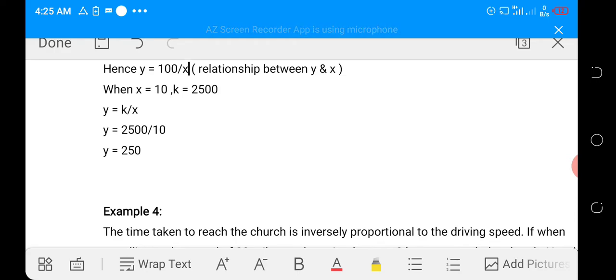Substituting for x and k, we know x is 10 and k is equal to 2500. So y is equal to k over x to give us y is equal to 2500 over 10. When this is solved, we have y is equal to 250. Therefore, it means that y will be 250 when x is equal to 10, if we go by the relationship between them. Let's look at another example.